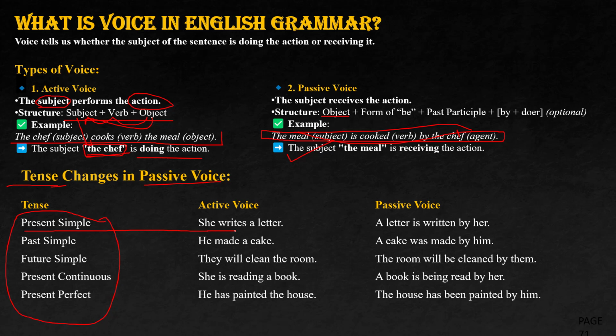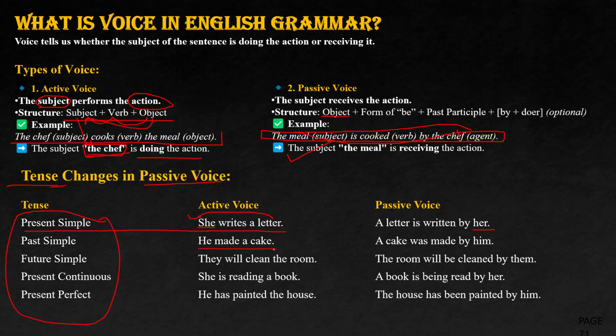Now, when it comes to present simple: she writes a letter. How are you going to convert this into a passive voice? We take this one first. A letter is written by her; in the present tense, she becomes her there. Okay. Now past simple: in the past she made a cake.